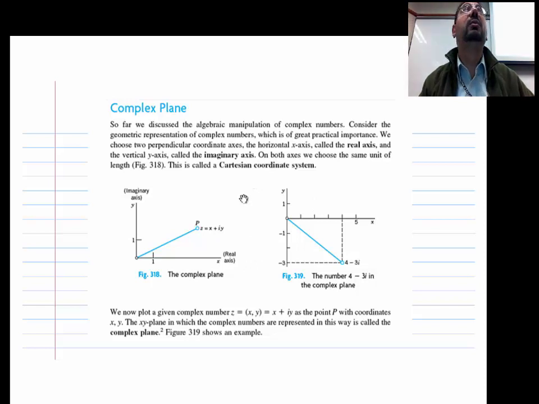If it's minus 2 plus 3i, it will be here. A number like 4 minus 3i has a positive real part and a negative imaginary part. Okay, this is important too, that you can find out where this number is.